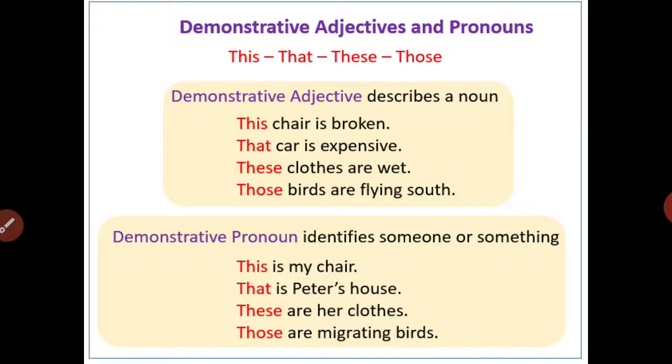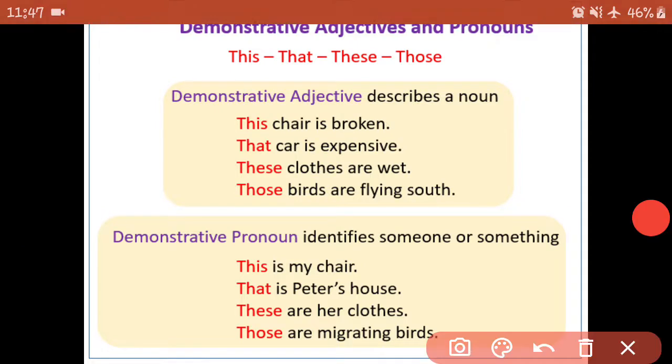Now, what is the difference between demonstrative adjective and demonstrative pronoun? Let's see. How will you identify that it is a demonstrative adjective? A demonstrative adjective describes a noun. For example, this chair is broken. That car is expensive.